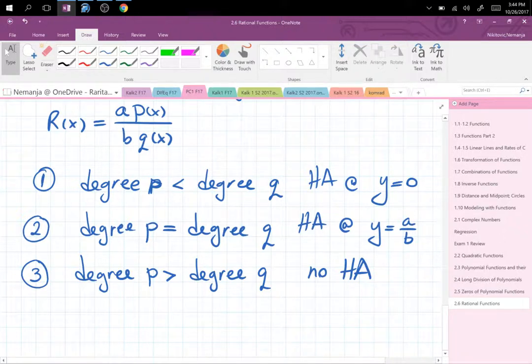Now within rule number 3, we have a whole new class of asymptotes, which are called slant asymptotes. So I'm going to break off this rule 3 and write down slant asymptote.